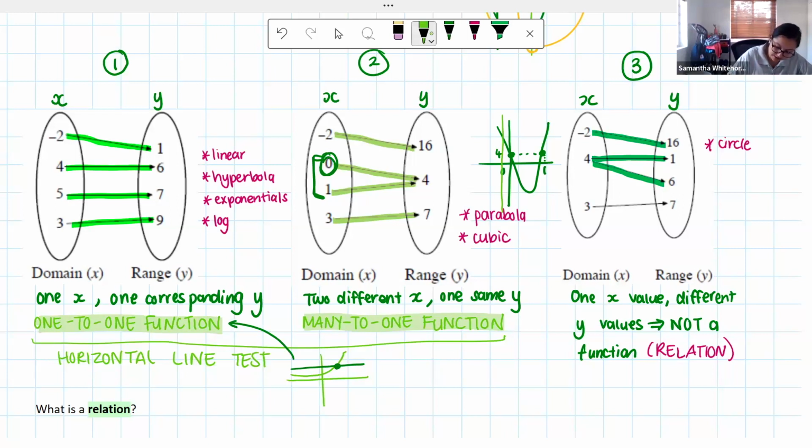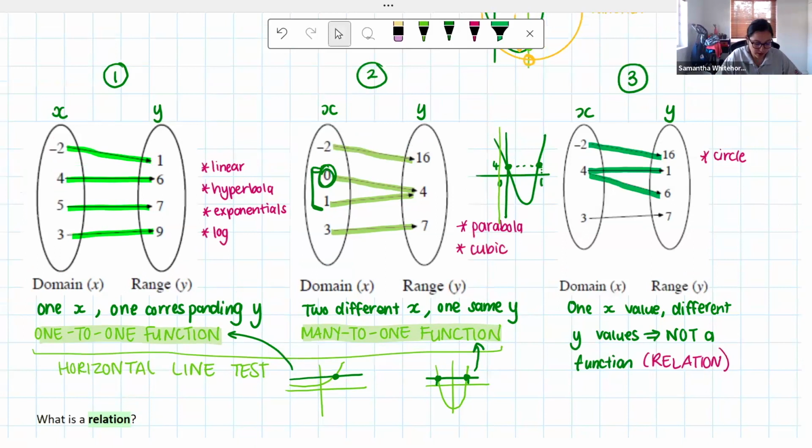However, if you consider something like, again, your parabola, if you draw a horizontal line and it cuts it more than once, we have a many-to-one function. Many x values for the same y value. If it does not pass the vertical line test, so the up-down one, like I said, we don't have a function, we have a relation, and then we're not going to perform the horizontal line test because the horizontal line test only tells us if it's one-to-one or many-to-one, and that only exists when it comes to functions.